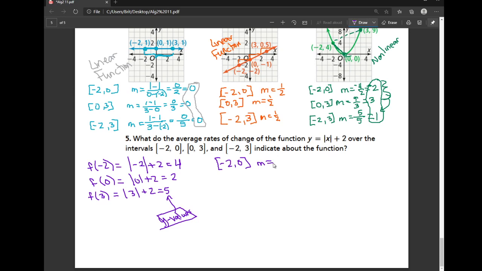My slope formula says that I'm going to take the y values and subtract them and put them over the x values. So I'm going to do -2 minus 0 in the bottom. That way I don't have a double negative. So the y value at -2 is 4. And the y value at 0 is 2. So that's where I'm getting 4 minus 2 from. So 4 minus 2 is 2. And -2 minus 0 is -2. So the slope here is -1.